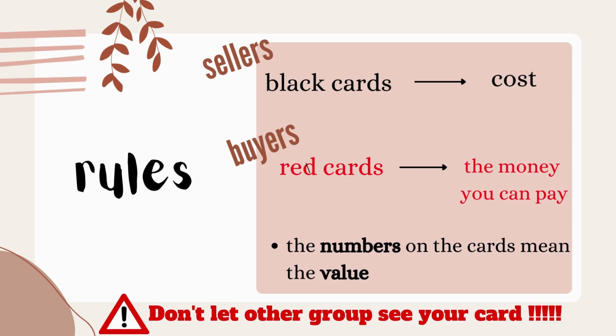In this game, we will use the number of the card to represent the cost or money, and negotiate with each other in order to maximize your profit. But remember, the important thing in this game is don't let other groups see your cards.